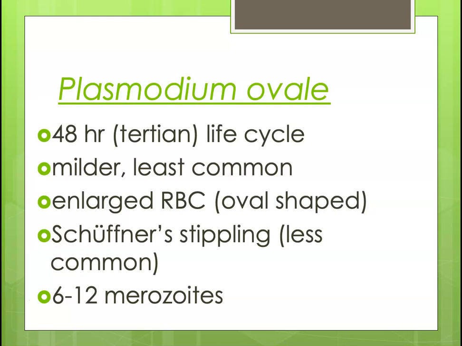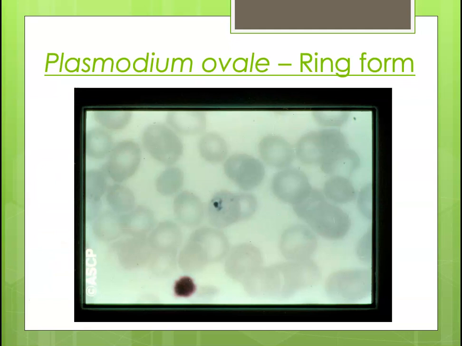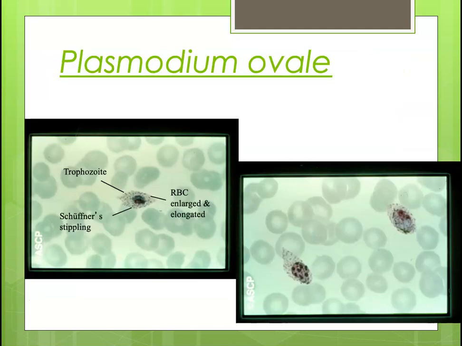And we see 6 to 12 merozoites for each mature schizont. So here's a typical ring-formed troph, immature trophozoite, nothing really remarkable. But here's a trophozoite with the oval-shaped red cell. It's enlarged and elongated, and same with these two.